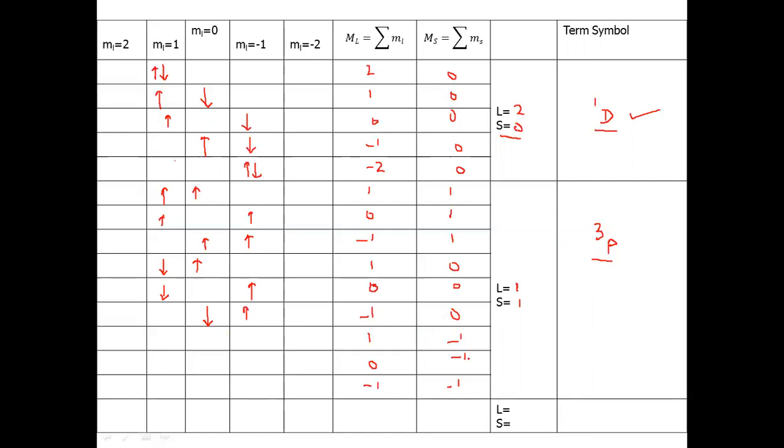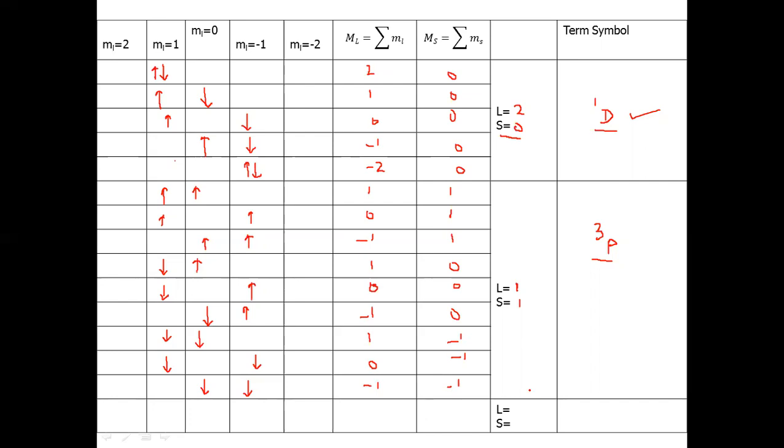Now we need MS minus 1, that means both will be downward. Both will be downward like this, and this. This corresponds to ML 1, MS minus 1; ML 1 minus 1, 0, MS minus 1. Now 0 minus 1 is minus 1, minus half is minus 1.